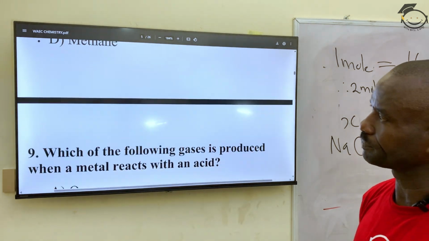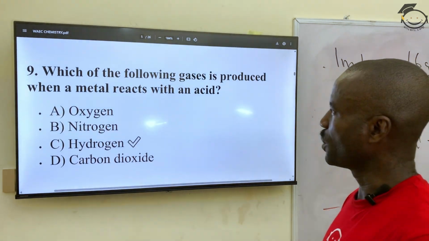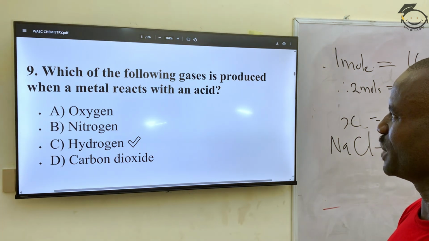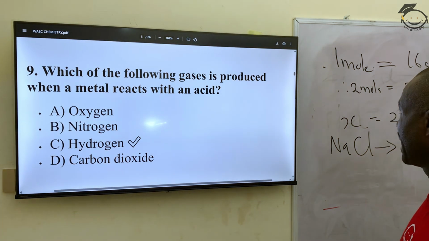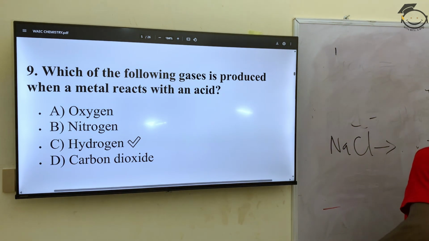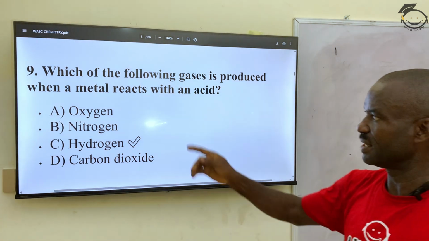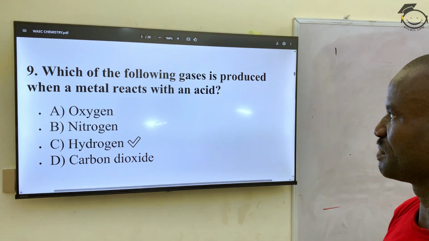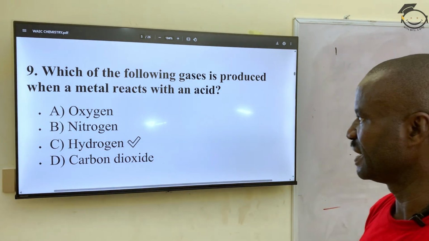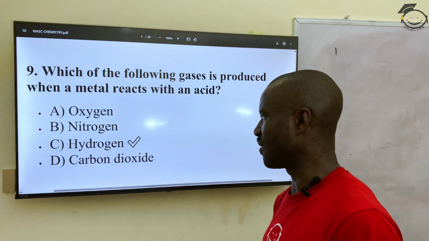Question 9. Which of the following gases is produced when a metal reacts with an acid? It is a characteristic of metals that when they react with an acid, just like we've seen above, hydrogen is produced. A, oxygen, B, nitrogen, C, hydrogen, D, carbon dioxide.